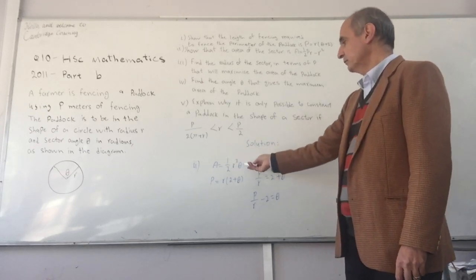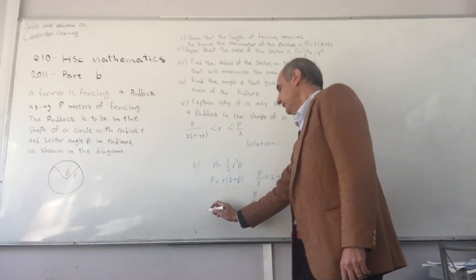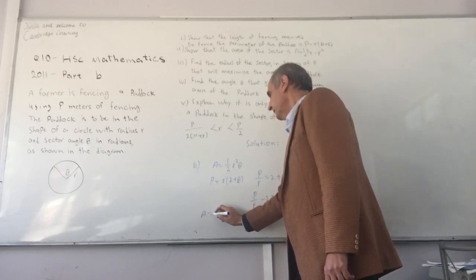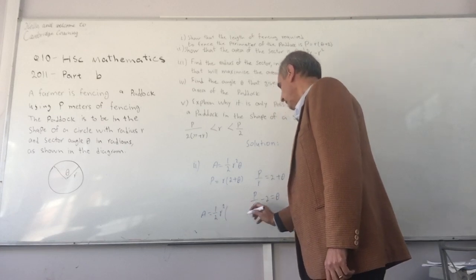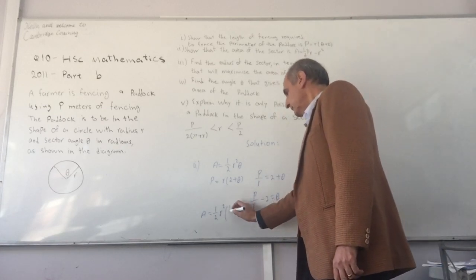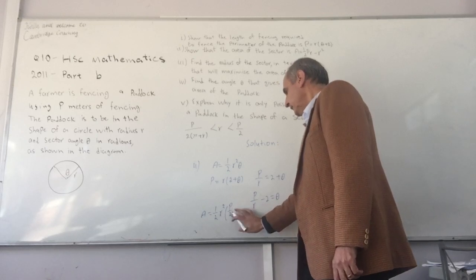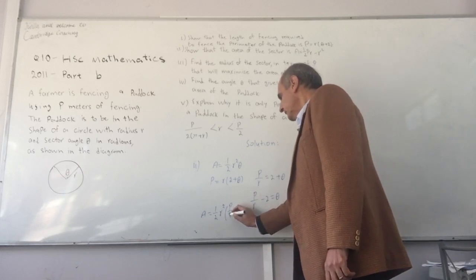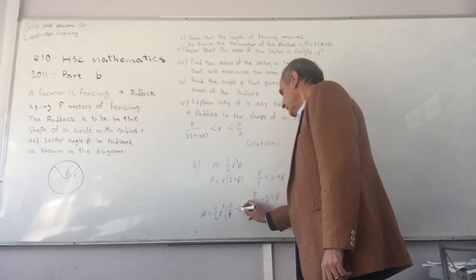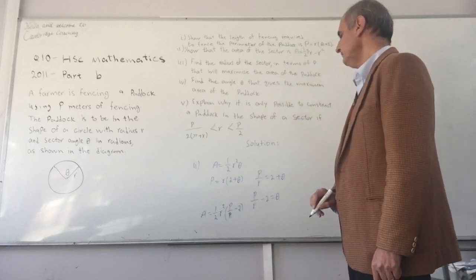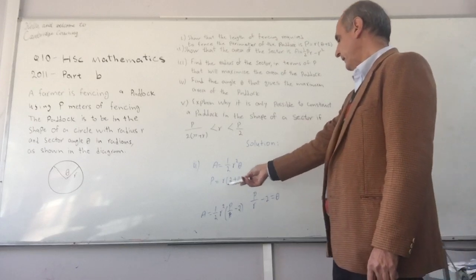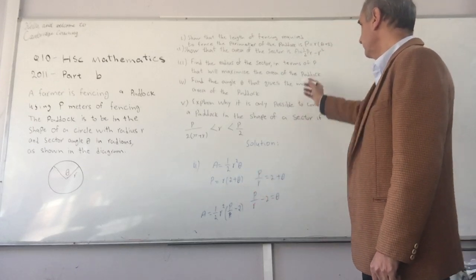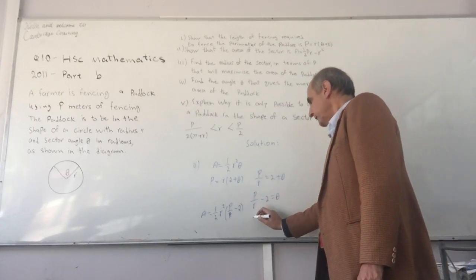So we substitute now in the area. So area is half r squared times theta, which is now this: P on r minus 2. If we expand this bracket, we should be able to get that.